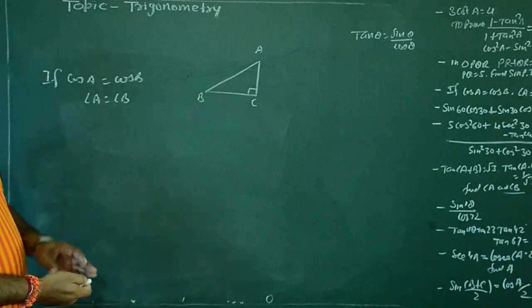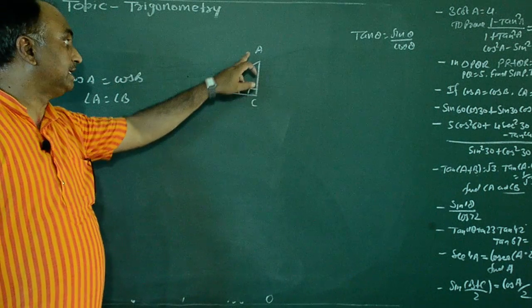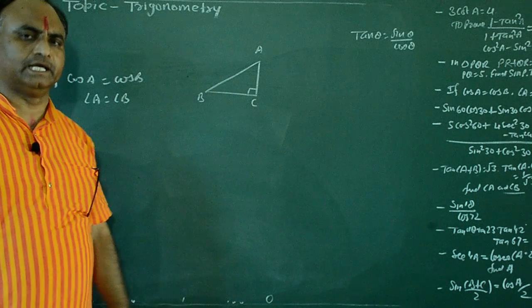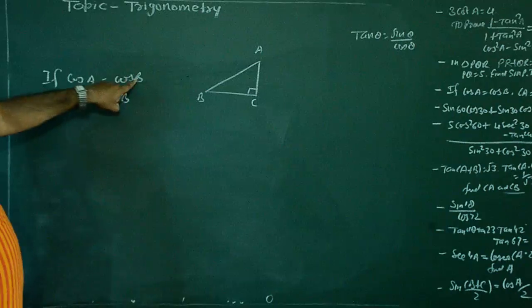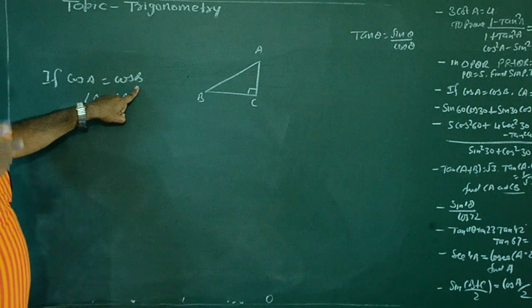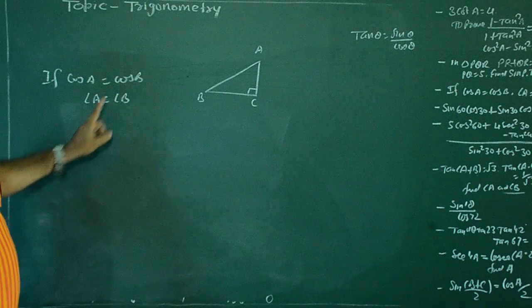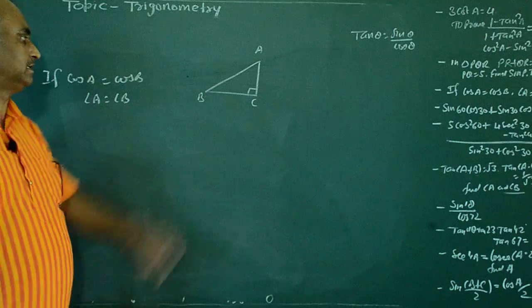Look, in this diagram, I have taken angle C, and A and B here. Why? A and B are acute angles. That is the reason I have taken angle C as a right angle.